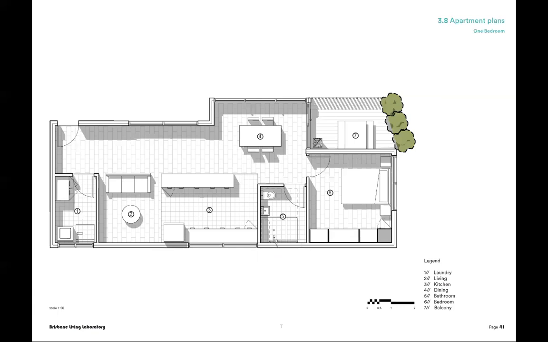The one bedroom is long and rectangular in size, but it has significant spaces like the living and the bedroom on the northern end. So it has opportunities to have views as well as natural light and ventilation through the apartment unit.